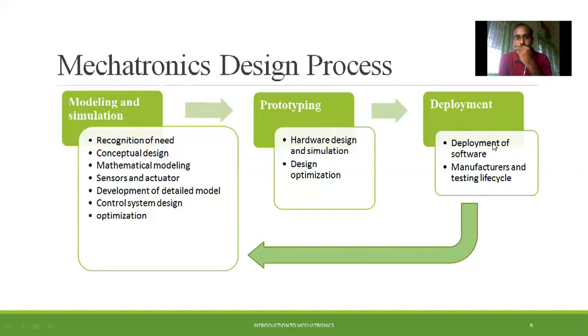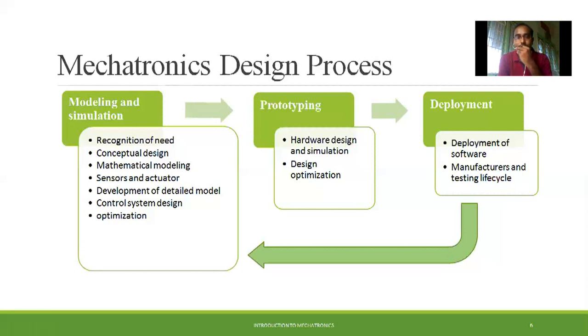Hence this development of software is necessary, and hence the manufacturing and testing life cycles in n number of industrial fields as well as medical fields, and even different kinds of live operations can be utilized.